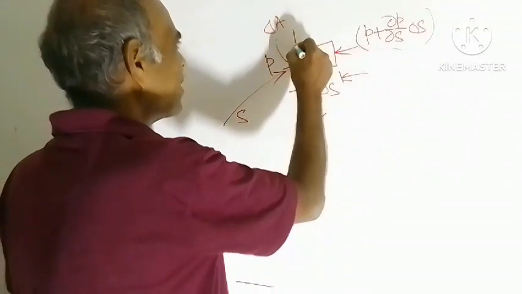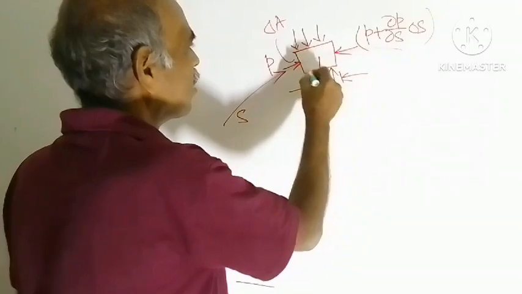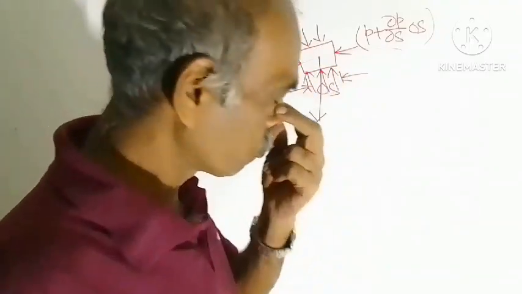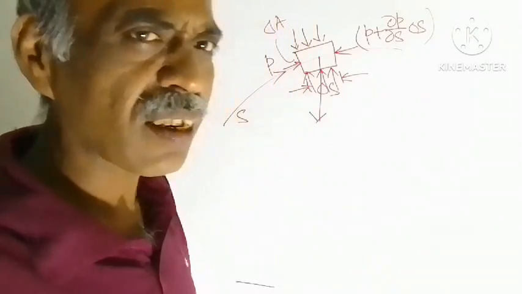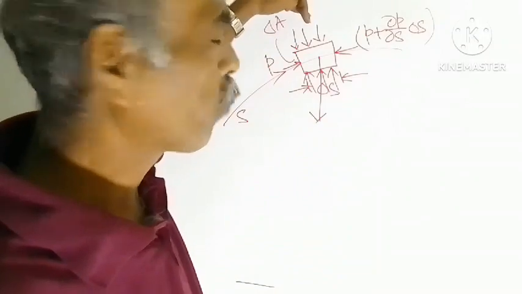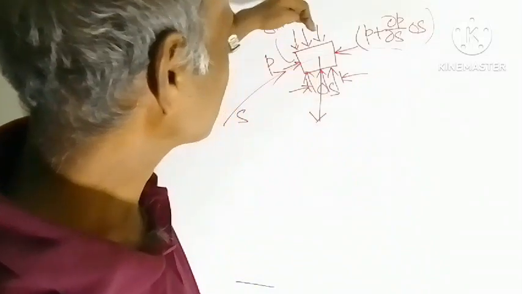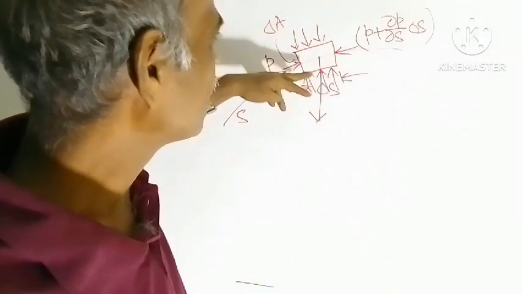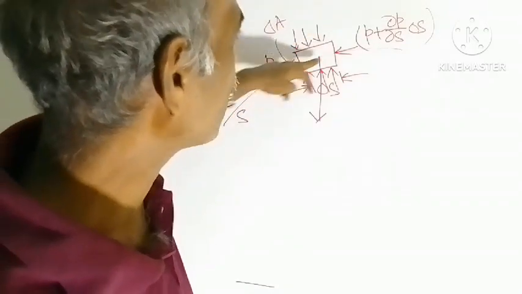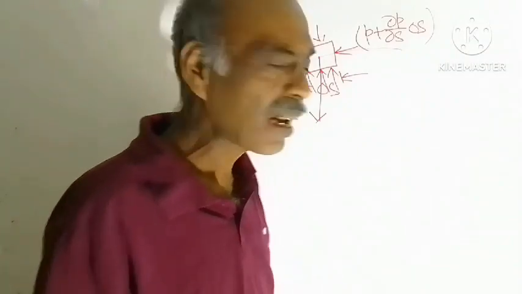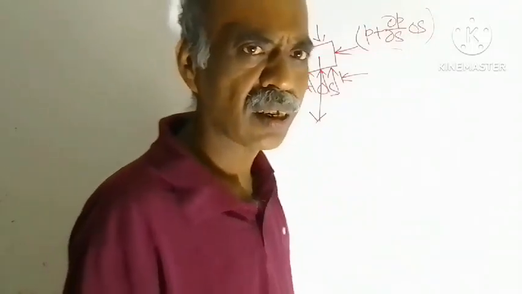And you can say that there are forces on the curved surface of the cylinder. Should we consider that force? Yes, its effect is there, but pressure acts perpendicular to the curved surface, and this surface is parallel to the axis of the cylinder. That means the direction of this force and the axis are perpendicular to each other.